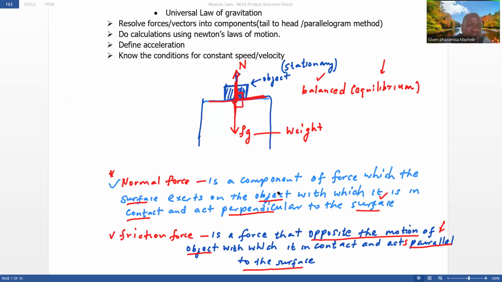But ladies and gentlemen, under this frictional force, there are two types of friction that you need to know. We have what you call a kinetic frictional force and a static frictional force.